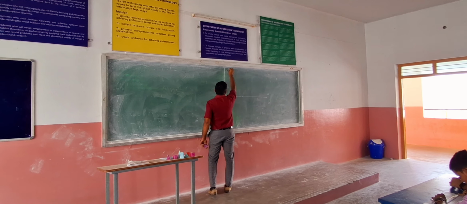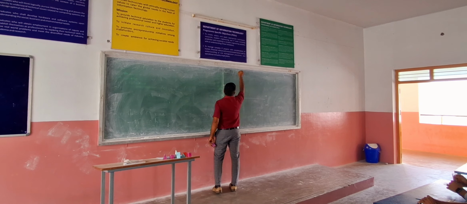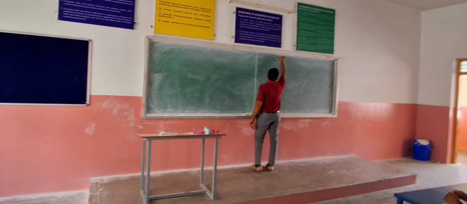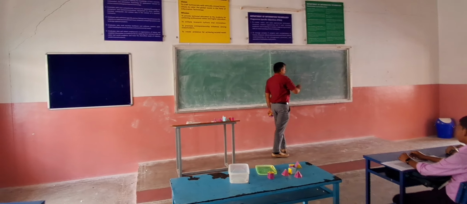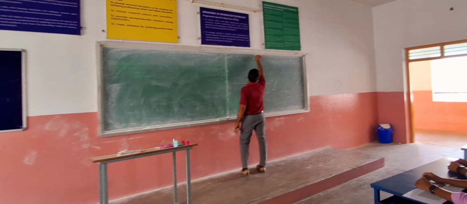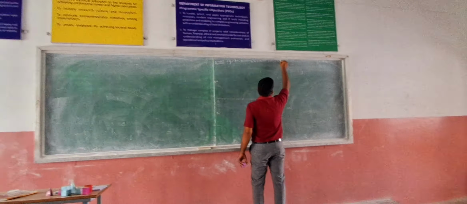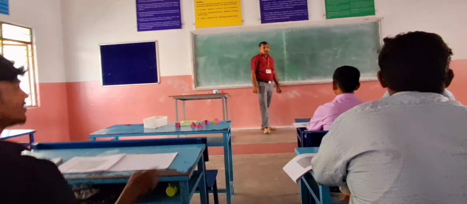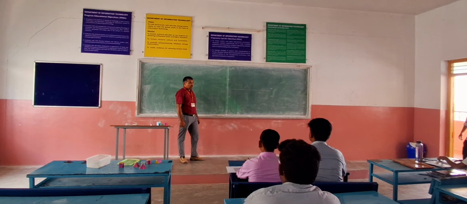Given data: this is a cylinder, diameter 35 mm and height 55 mm, inclined to VP at 50 degrees. So that is how we have to draw the diagram.